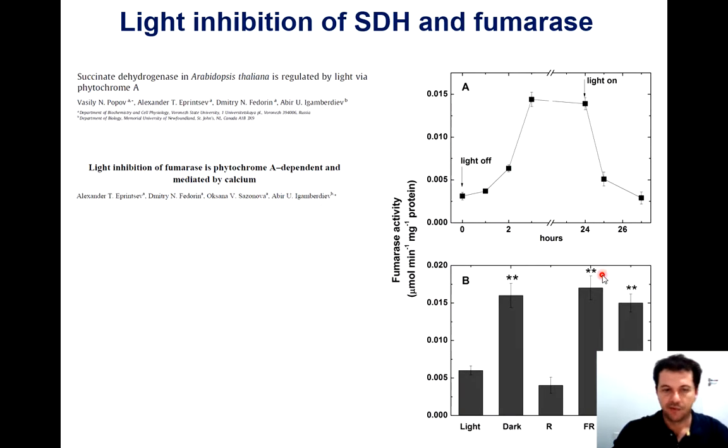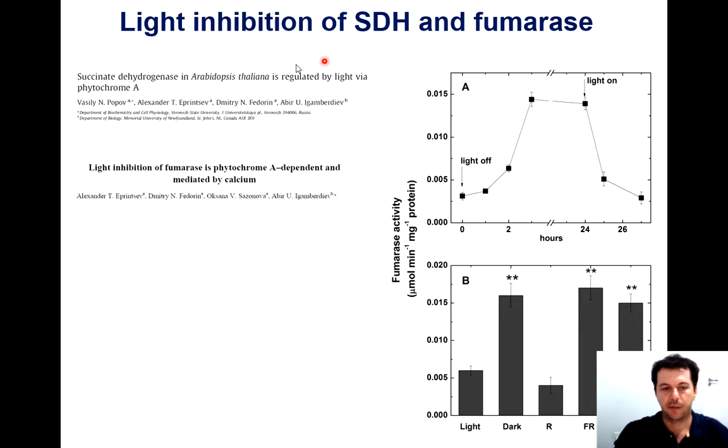For example, in plants, I told you that the respiration of plants is lower compared to the dark conditions. One of the reasons is because when you turn the light on or off, you can see an increase in the activity of fumarase. So this is the fumarase activity. When you turn the light on, the activity decreases.